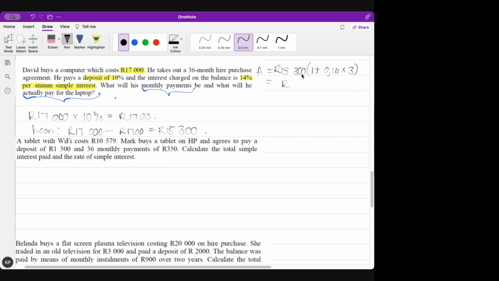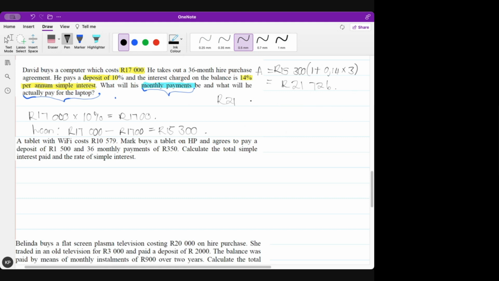Oh, no, I was first dealing with monthly payments. We haven't added the deposit yet. The accumulated amount does not include deposits. So this then is 21,726.